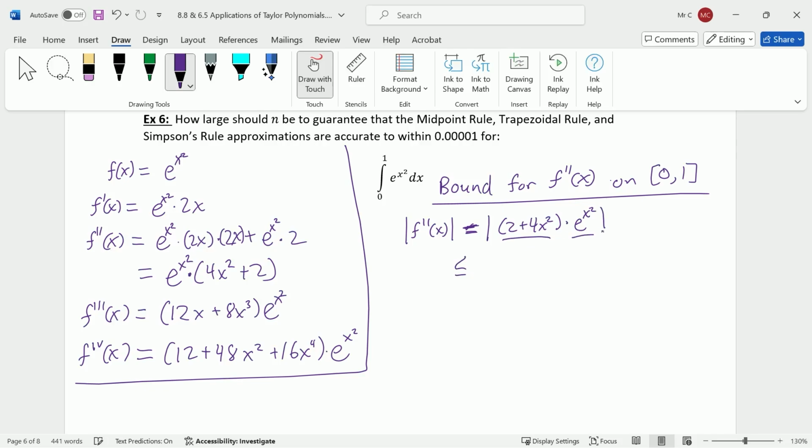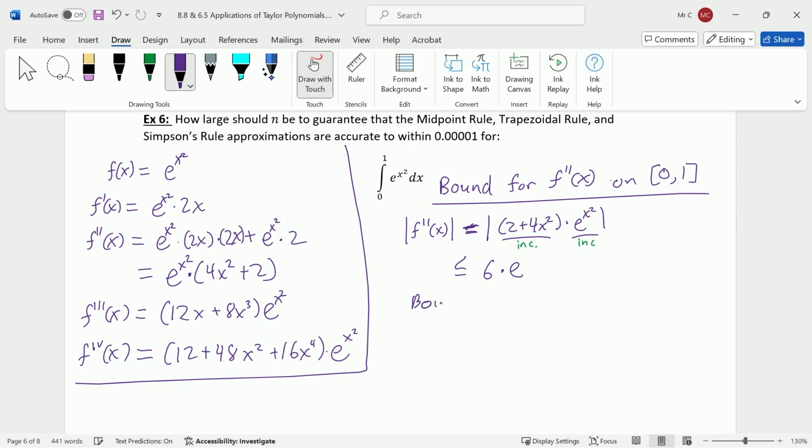Well, this polynomial is increasing from 0 to infinity, and e to the x squared is increasing everywhere, right? So both of these functions are increasing on the interval, which means that the largest possible value is going to happen at the end of the interval. But notice I'm not just plugging in the last endpoint. I'm actually thinking, hey, what do I know about these functions to figure out what values I should use? So I plug in 1 and I get 6 times e to the first power.